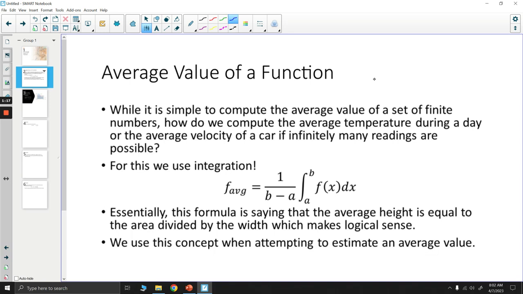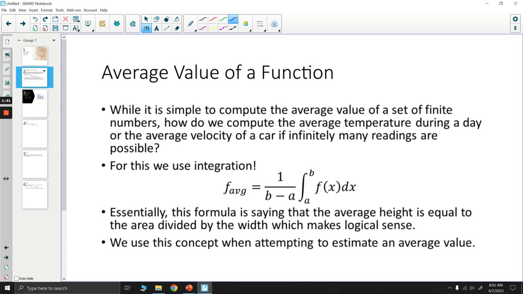We can't just do that when we have infinitely many points, because how do you divide by infinity, right? So there must be some way, though, of computing the average temperature during a day or the average velocity of a car if infinitely many readings are possible. And for that, obviously, we're going to use integration.